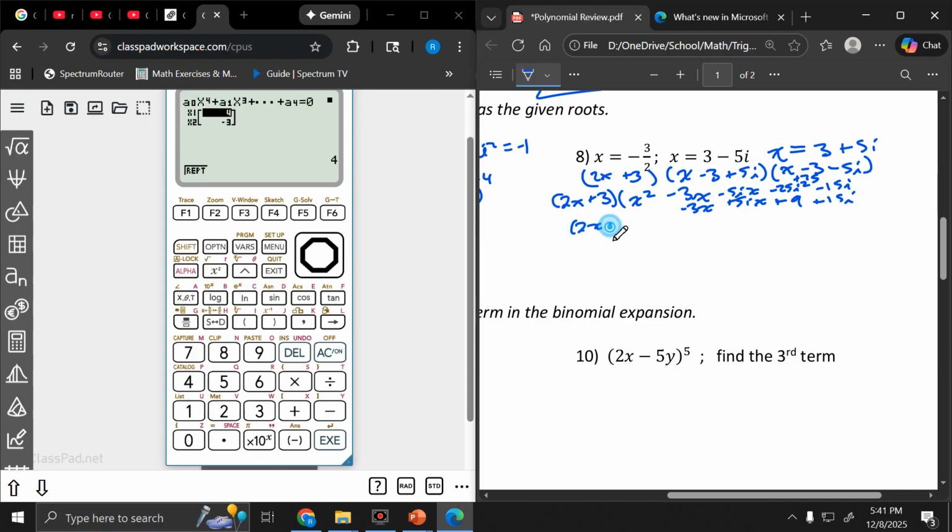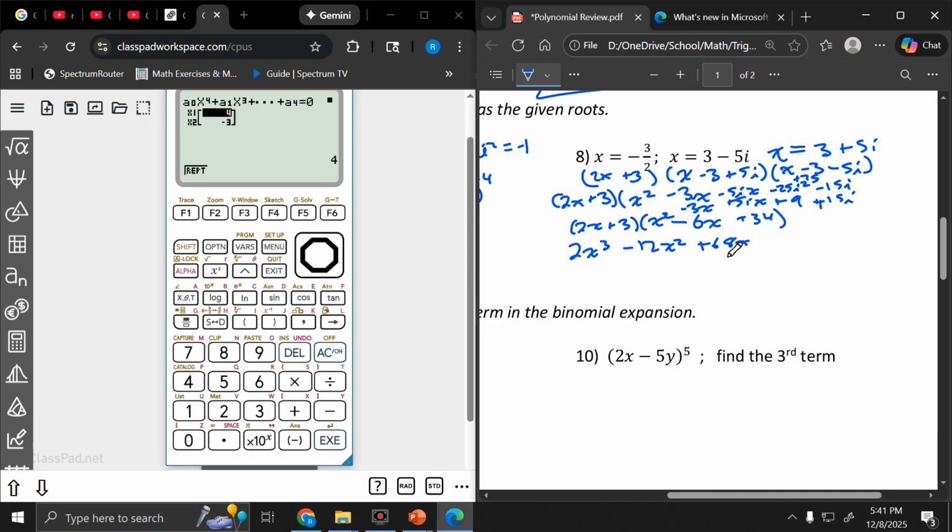So after all of that, this simplifies down to, combine those. Those cancel. 25 plus 9 is going to be plus 34. And then those cancel. That's actually a plus right there. And now I continue multiplying. 2x times all of those. So 2x cubed minus 12x squared plus 68x.